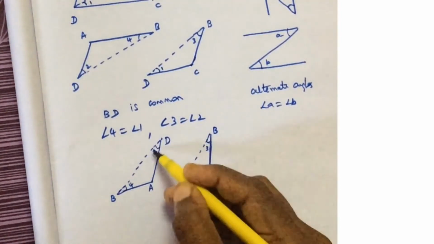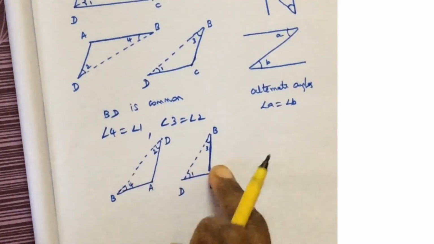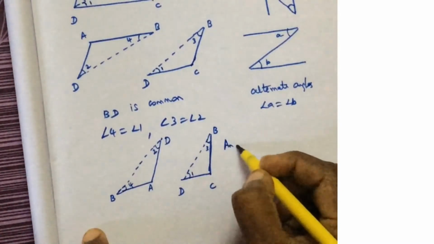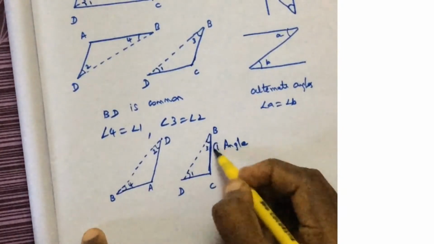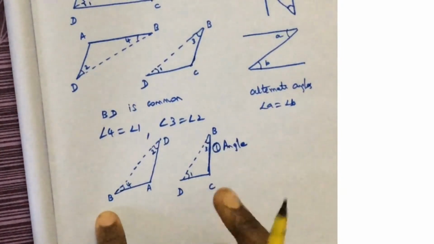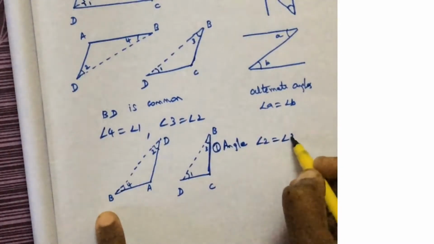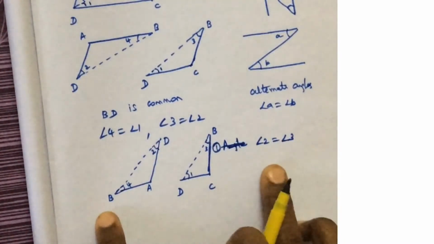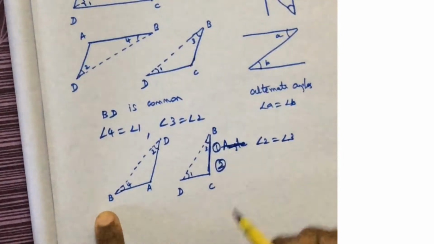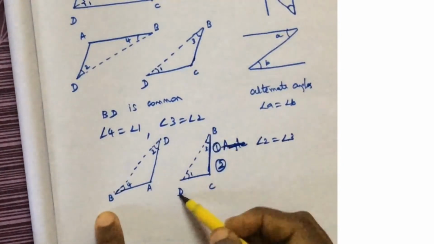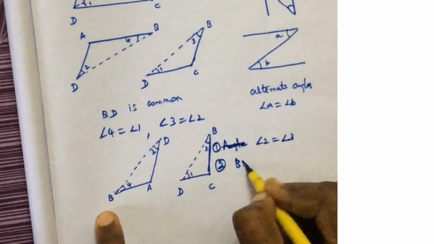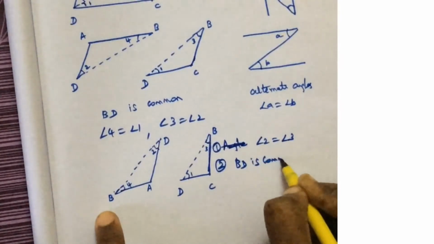From these two, first I can write angle 2 is equal to angle 3. That is the first case I can write. Second thing what I can write is BD and DB both are same. So I can write BD is common.